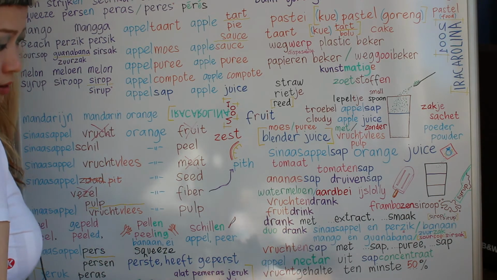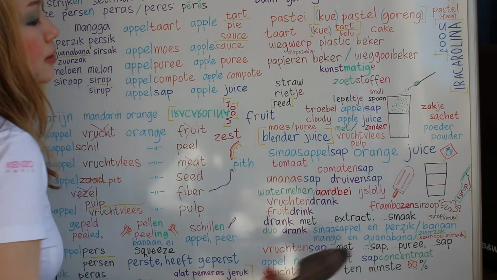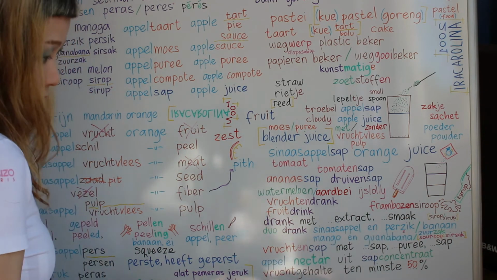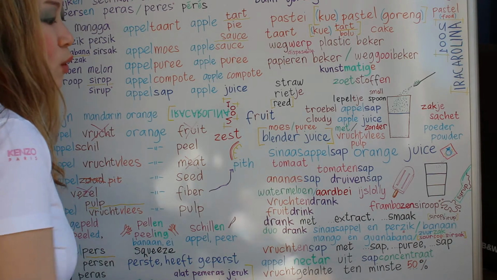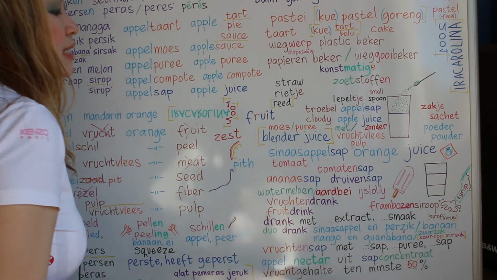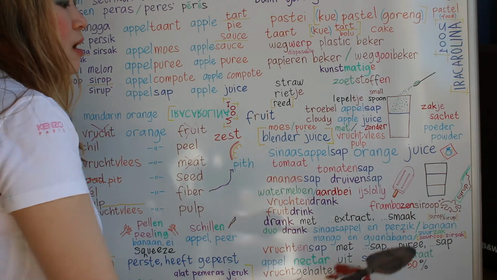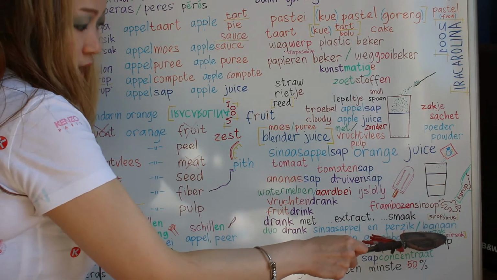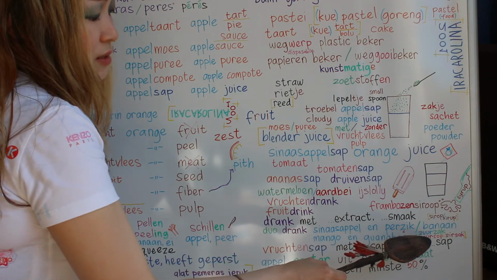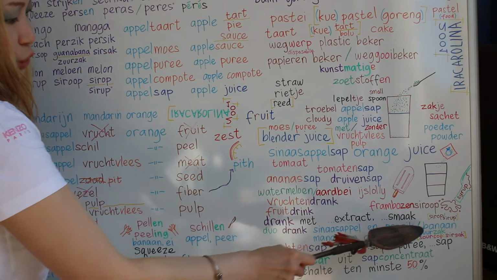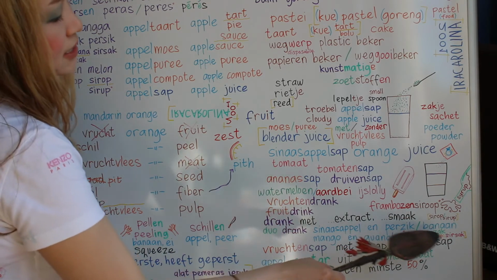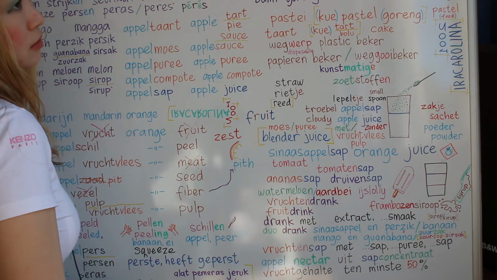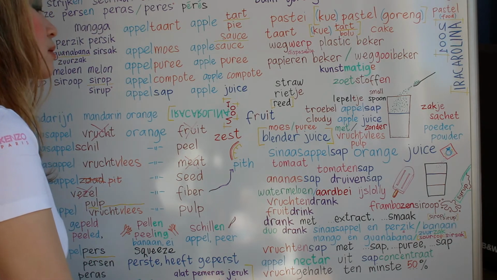And guanabana. Sometimes guanabana, but sometimes it's also zuurzak, one word. Zuurzak. In English, soursop. Zuur is sour, zak is bag, yeah, bag, pack.